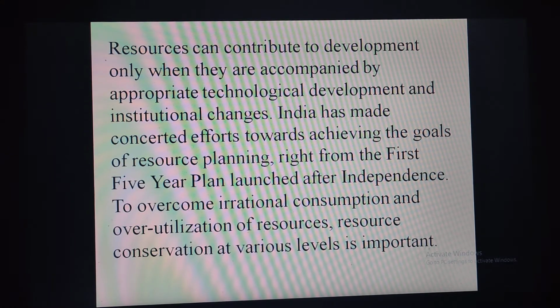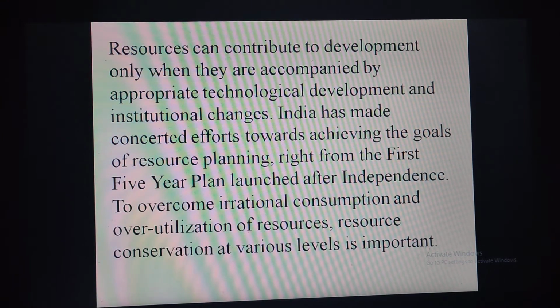Some resources cannot be used again. So all these resources have to be used properly. We cannot overutilize them. For that, our country started this from the first 5-year plan launched after independence, so that we can overcome irrational consumption and overutilization of resources.